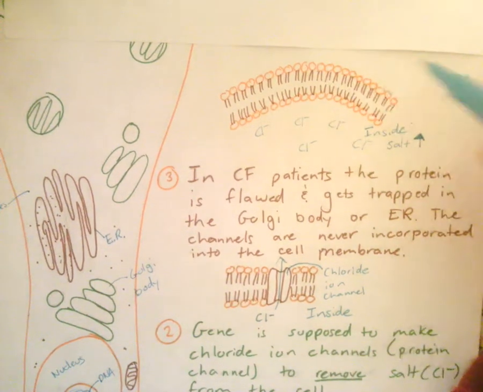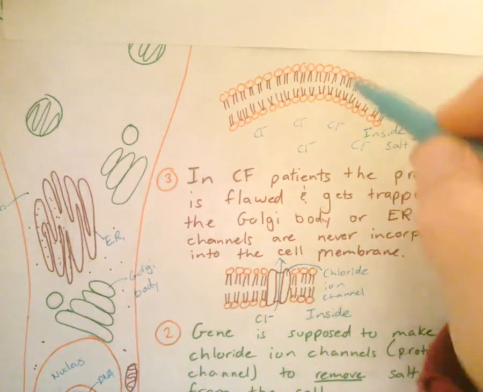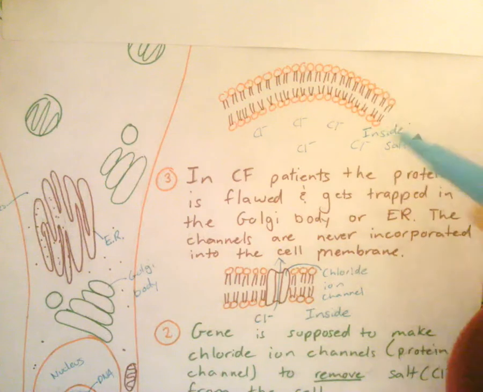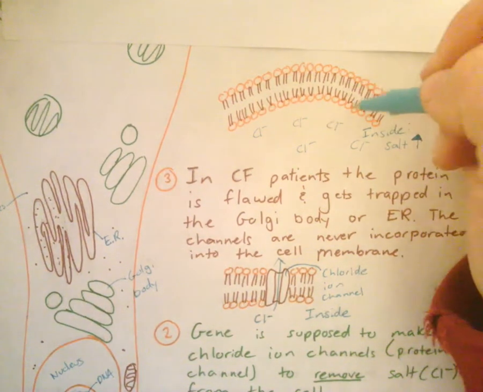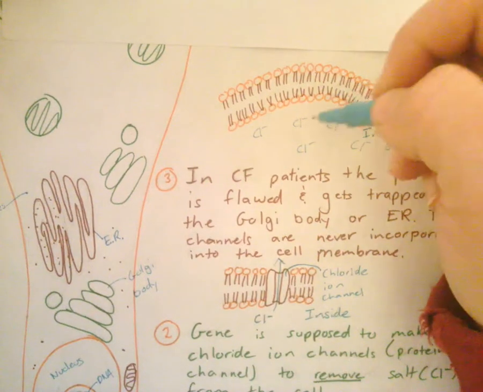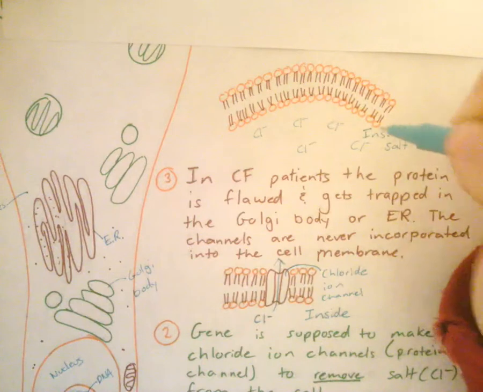Just so you know, this is a simplified version of the cell membrane, because there still would be other protein channels there to transport other types of substances, but there's no specialized protein in order to transport the chloride ions. So we're just showing that they are the ones getting trapped within that cell.